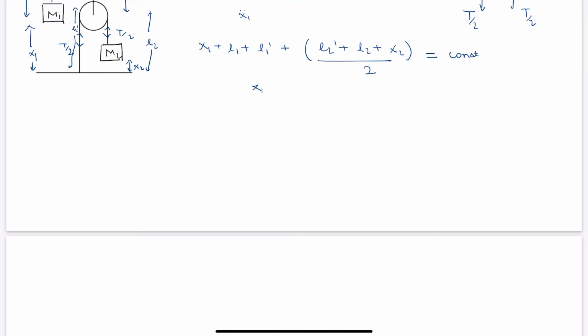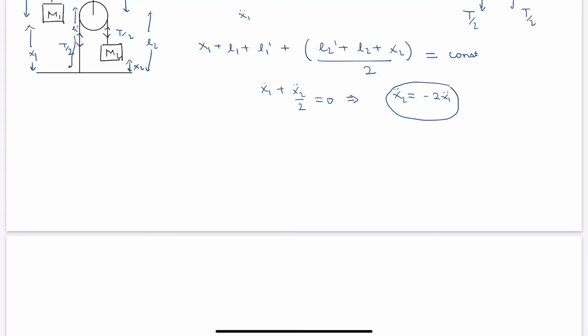So it will be x1 double dot plus x2 double dot divided by 2 equals 0. So this implies that x2 double dot equals minus 2 x1 double dot.